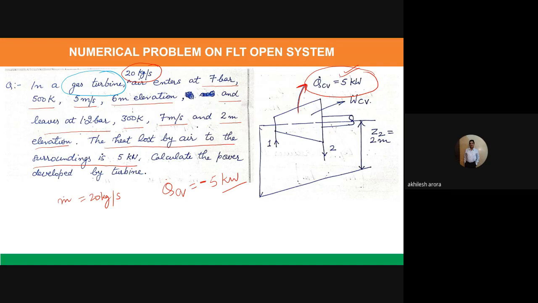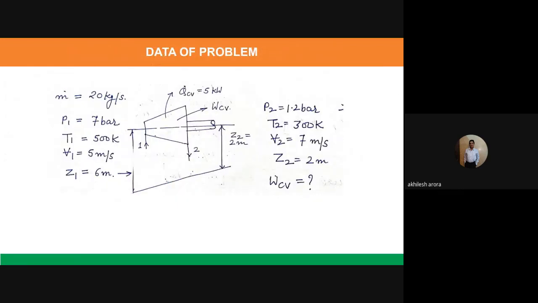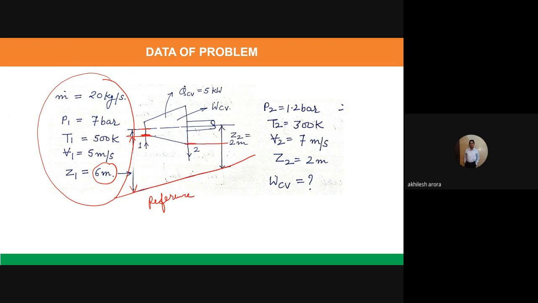Once again, here I have written all the data which I have discussed with you. This is the inlet point, and here you can see the elevation is 6 meters, and this is the reference line. At the exit, at this particular point, the elevation is 2 meters.